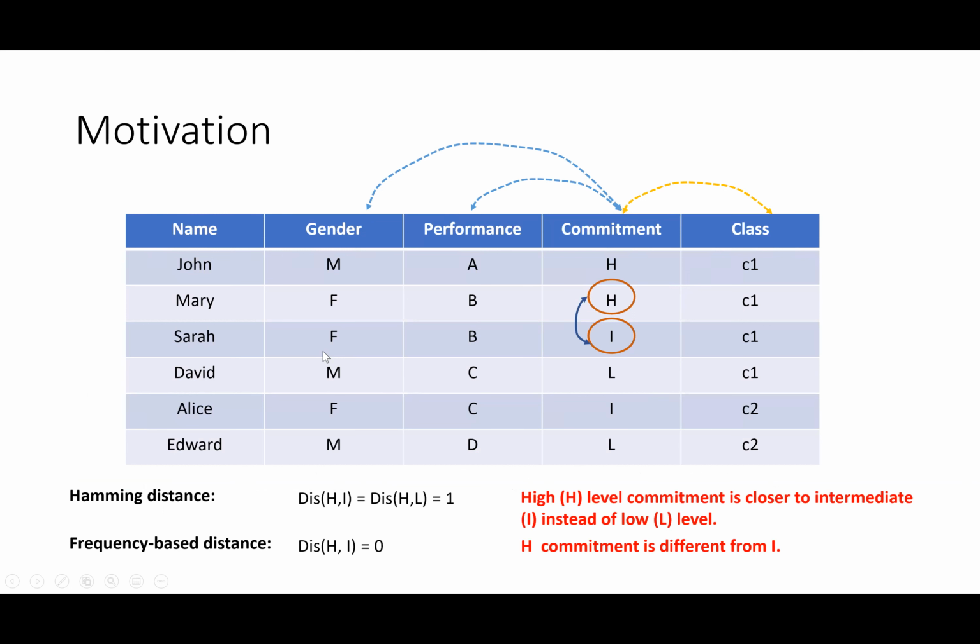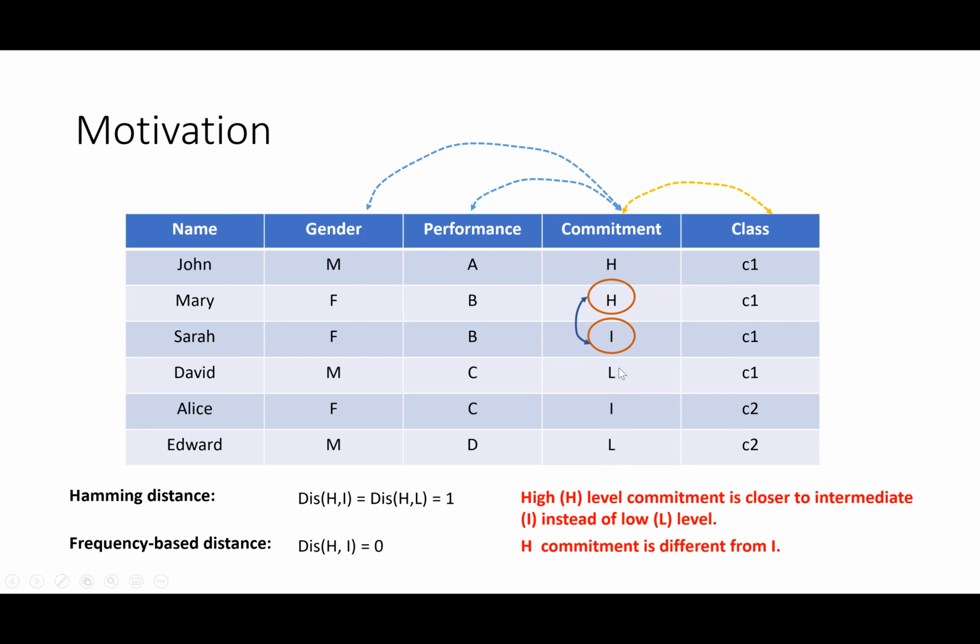The reason is simple, because categorical data has been much more intensively explored than numerical data. Numerical data is much more obvious in some way. And in the categorical data, for example, in this table, you have the commitment high, intermediate, and also low. What you can see here is that if you just look at the frequency, H and I all appear twice.